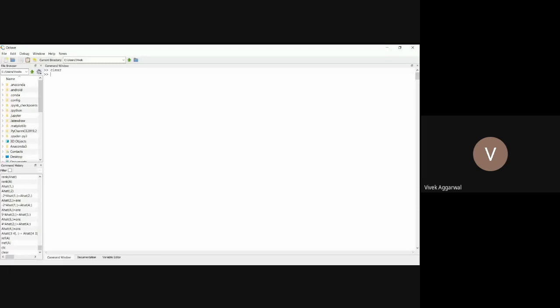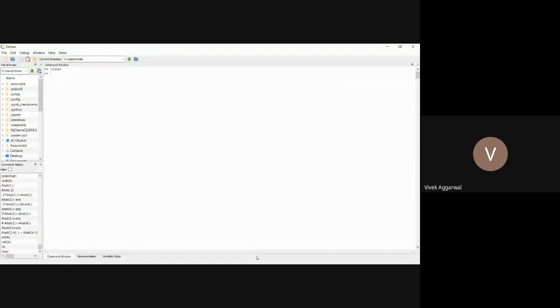This is Octave. It will look similar to MATLAB, but it is free of cost. And this is my Octave, so I can start with this one.